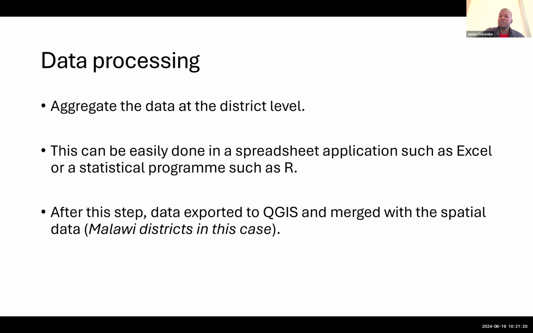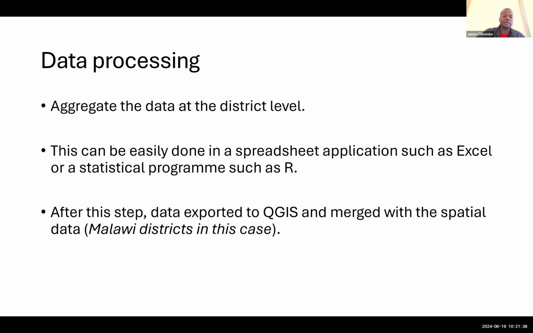And this can be done in a spreadsheet application or a statistical program such as R, the data management part of aggregating. Then once this is done, typically you can export it to GIS and merge it with the spatial data that you have.